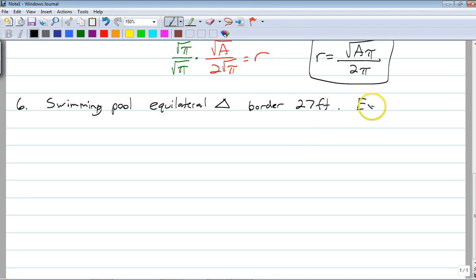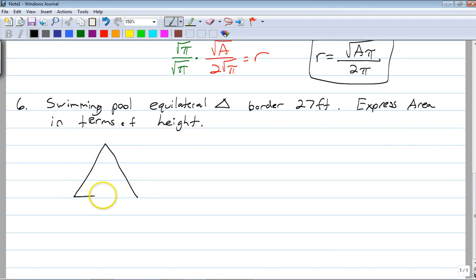Express the area in terms of height. So this one you have to kind of think, okay, I have a word problem, I don't have a drawing, we need to draw something. Let's draw an equilateral triangle since that's what we need.